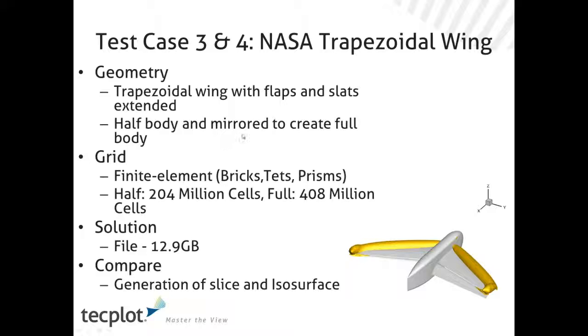The third and fourth cases are around the trapezoidal wing from the High Lift Prediction Workshop. They're both finite element bricks, tets, and prisms. They're 208 and 416, and the solution files are nominally 13 gigabytes.